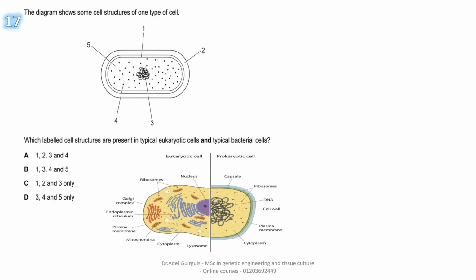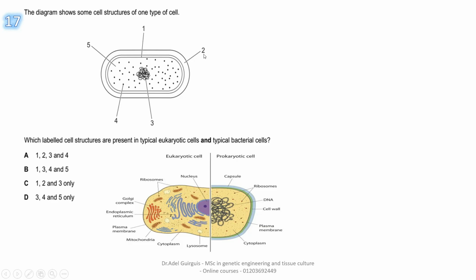Number 2 is a capsule. Found in what? Found in prokaryotes. Some types of bacteria are surrounded by a capsule for extra protection, but it is not found in eukaryotic cells. So 2 is wrong, it is missed.